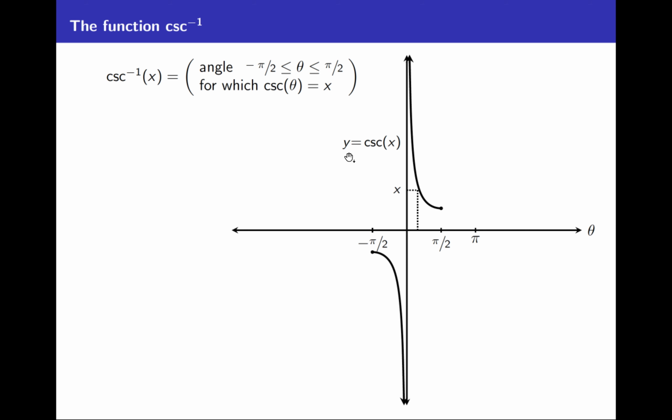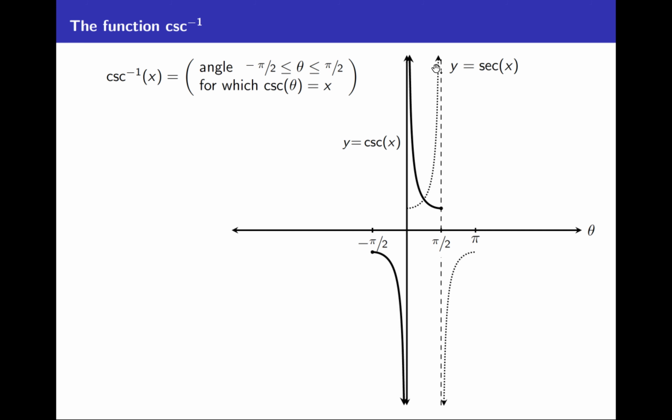We're going to look at the graph of cosecant inverse of x, and we'll get that by reflecting this graph across the line y equals x. But I want to compare it to the graph of secant inverse of x that we talked about earlier in lecture.